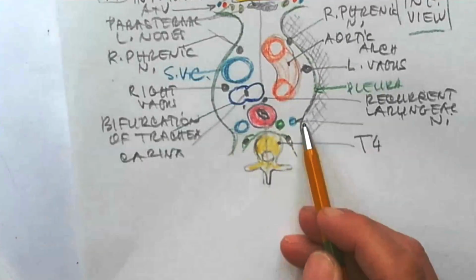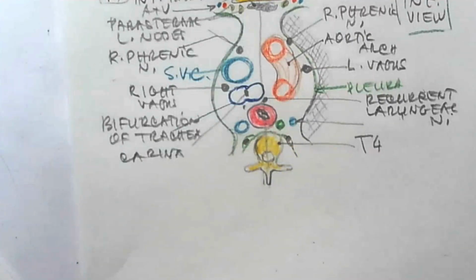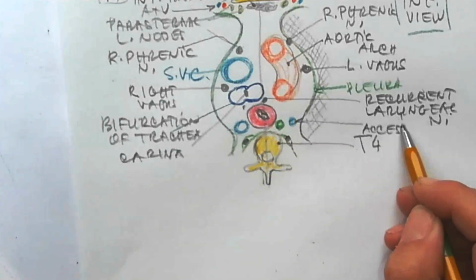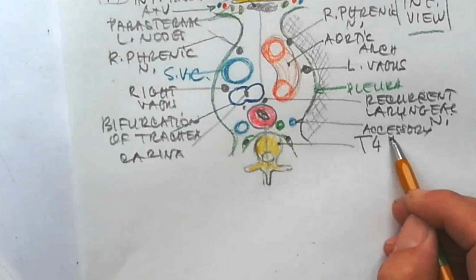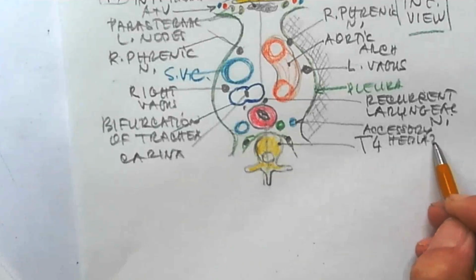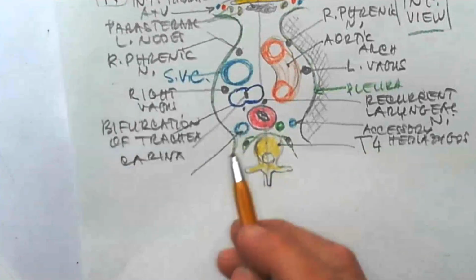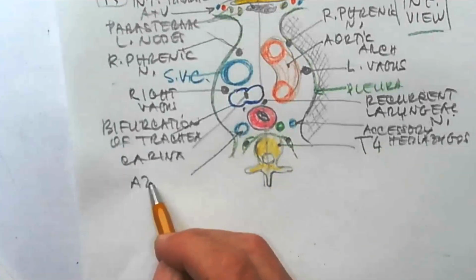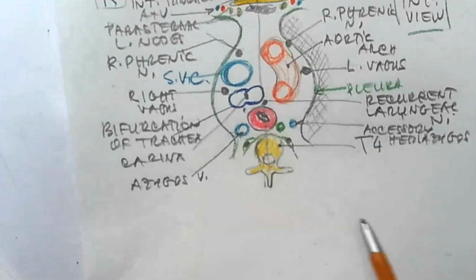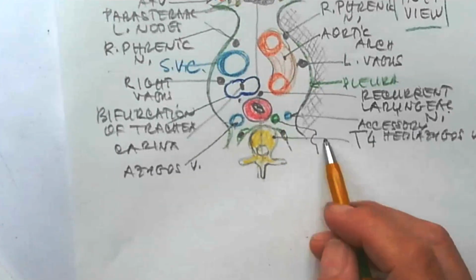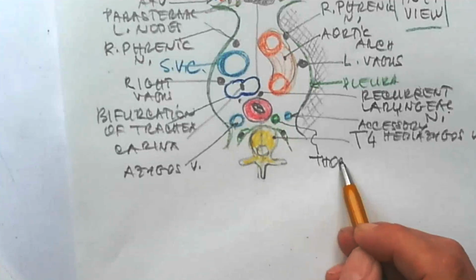Here we are in the upper part, so this is the accessory hemiazygos vein. Its bigger sister is the azygos vein on the opposite side. Then here we need the thoracic duct. No place, thoracic duct.